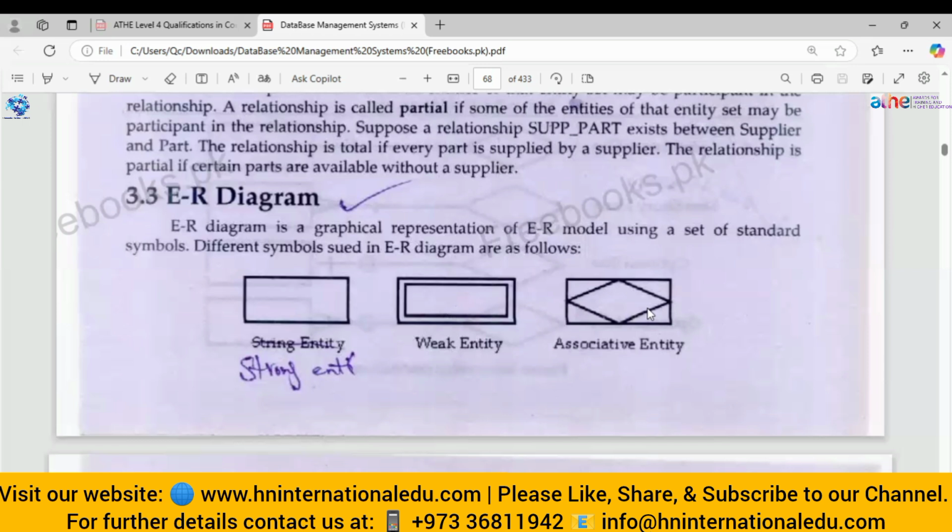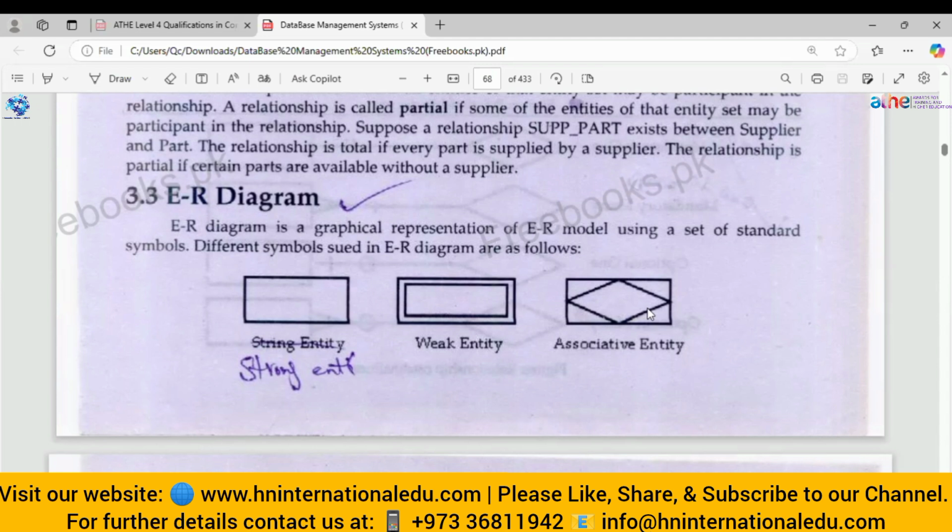So the order entity is completely dependent on the customer entity. Here the customer entity is a strong entity and the order entity is the weak entity. That is the strong and weak entity.